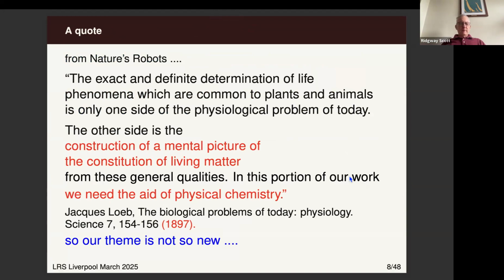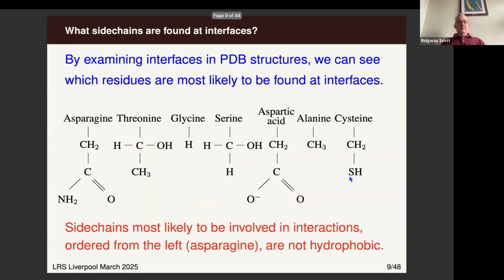I found this quote, which goes back to 1897, saying that we need to understand physical chemistry to do physiology. So our theme is not new, but we're continuing to apply it, I would say.